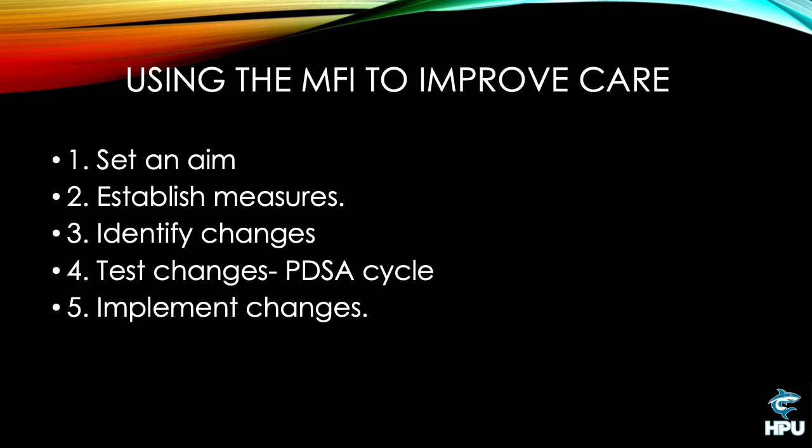Finally, implement changes. After you have a change that results in improvement under many conditions, the logical next step is to implement. Meaning, make the change a new standard process in one defined setting.